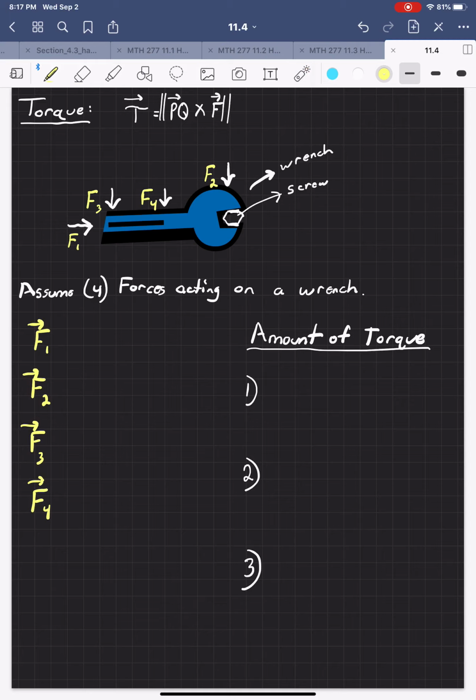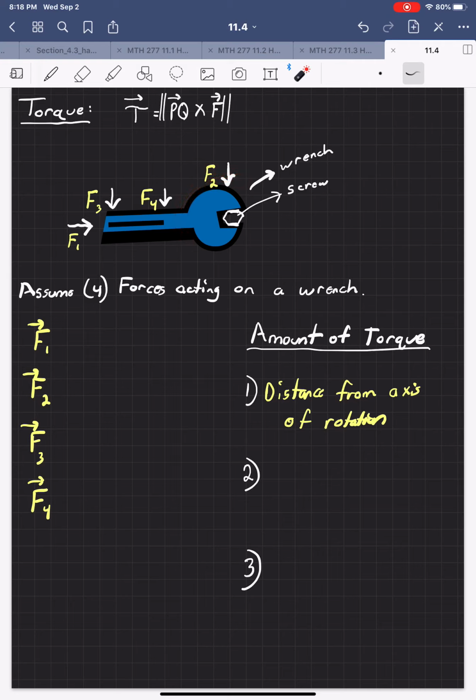Well, first off, the distance from the axis of rotation, right? If you have any background in mechanics, or if you ever worked in a shop, if you know what a breaker bar is, when you can't get a screw off, right?